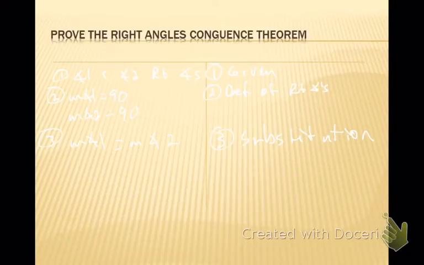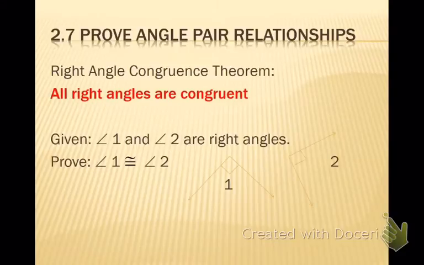All right, now we know the measures are equal, then we know that the angles themselves are congruent. And that's because of the definition of congruence, or congruent angles. It says if the measures are the same, then the angles themselves are congruent. Okay? So anyway, we developed that proof so that now we can use that theorem.